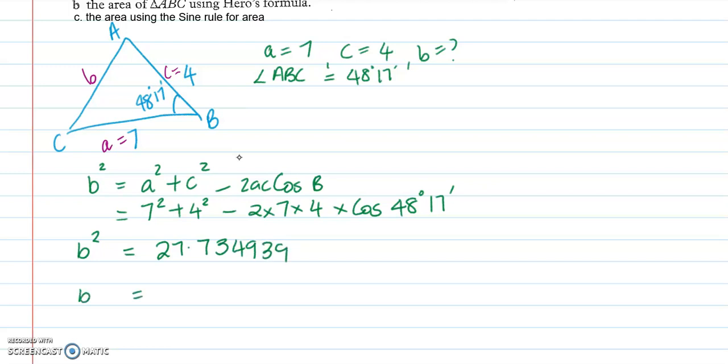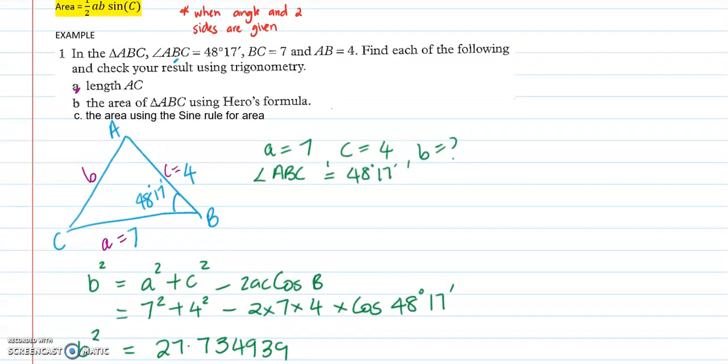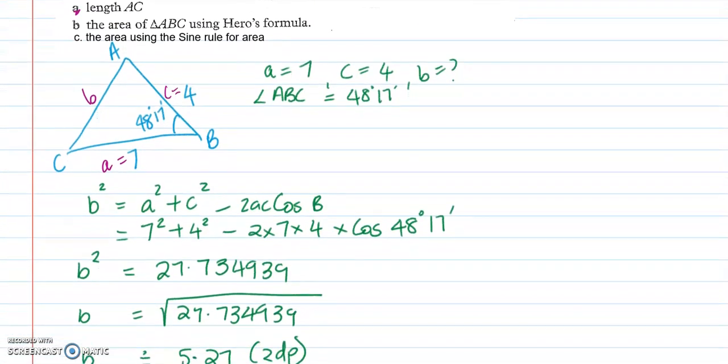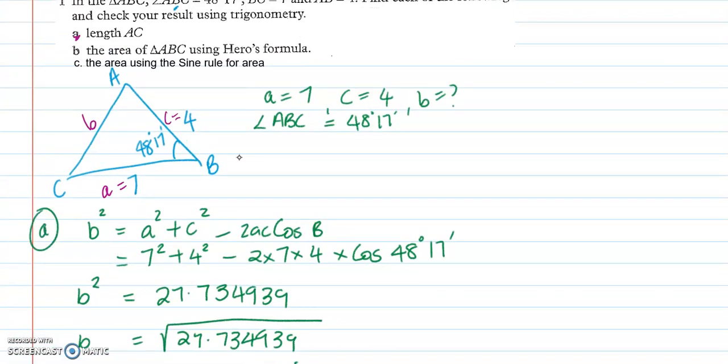Therefore, B is the square root of all of that, and we end up getting B is approximately equal to 5.27, and that's to 2 decimal places. It doesn't say how many decimal places. If it doesn't, we always round off to 2 decimal places. Okay, so that was A.